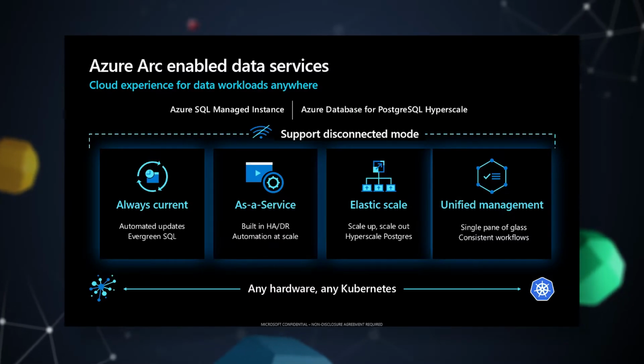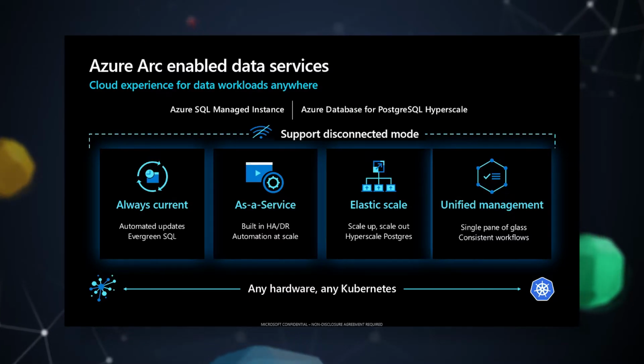Next, elastic scale, which is a key aspect of using the cloud. They can get that elasticity, whether they want to scale out or scale up, just by changing some configuration and deploying that policy across their several clusters. As you know, Azure Arc connects them to the Azure portal or Azure cloud.